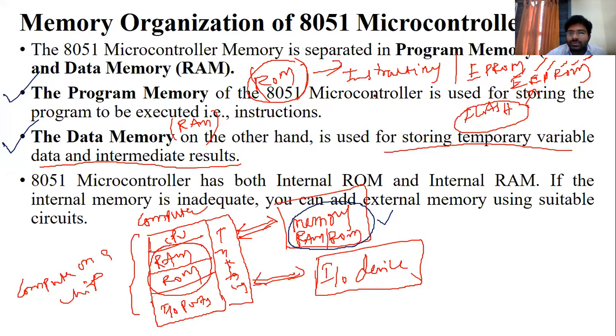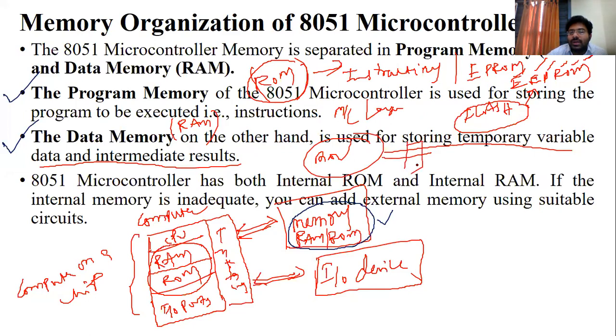Whenever you want to execute a program, you write a human-level language program, but microprocessors or microcontrollers can only understand machine-level language, and a human being is not able to write machine-level code. When you write an instruction like MOV, the microprocessor doesn't understand it, so an assembler sits in between.